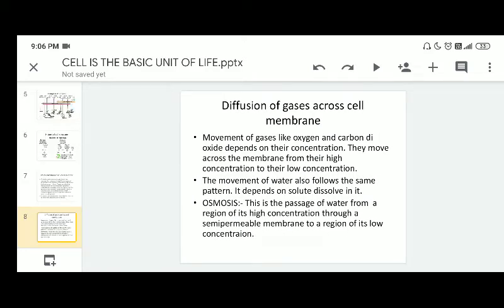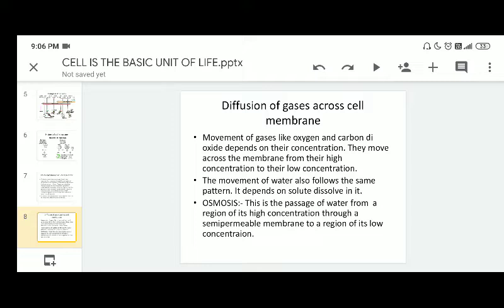Now we come to the next heading, that is the diffusion of gases across the cell membrane. Movement of gases like oxygen and carbon dioxide depends on their concentration. They move across the membrane from their high concentration to their low concentration.